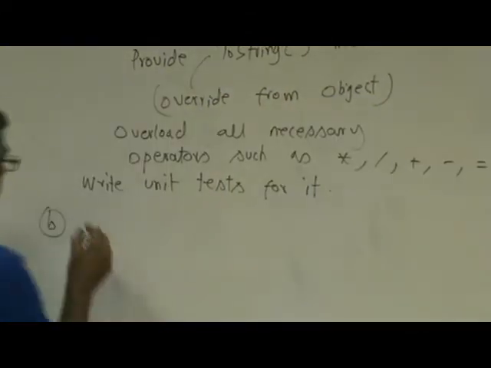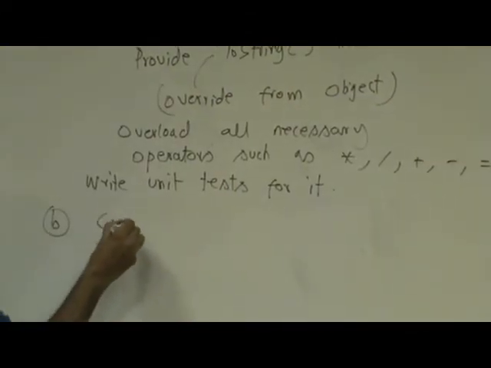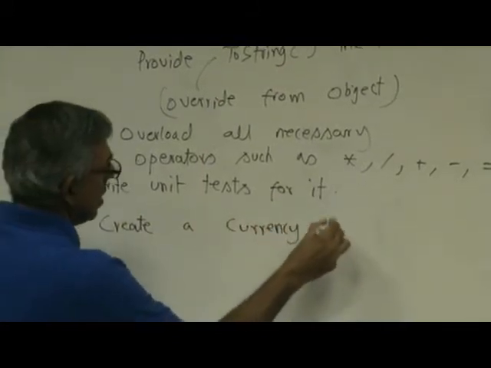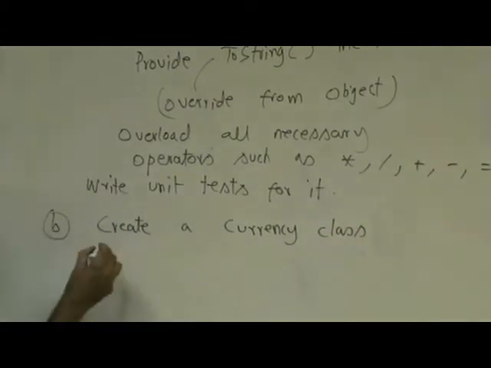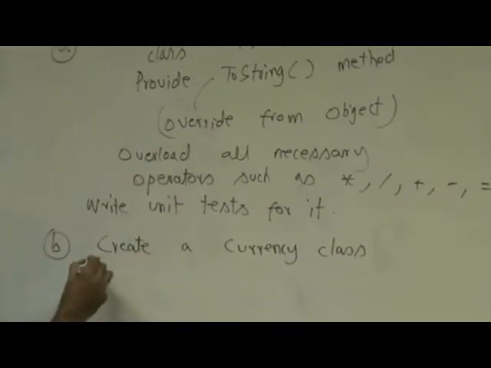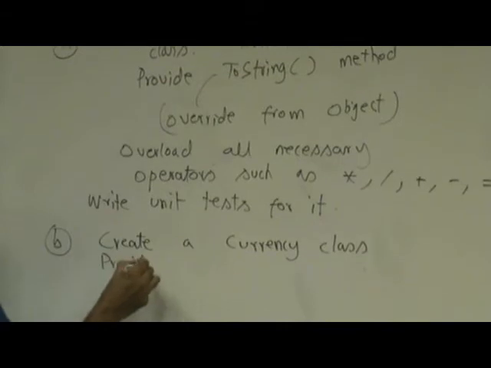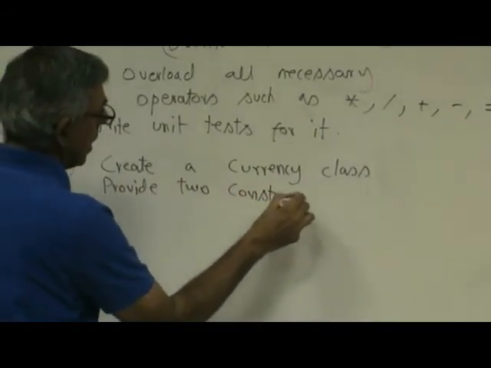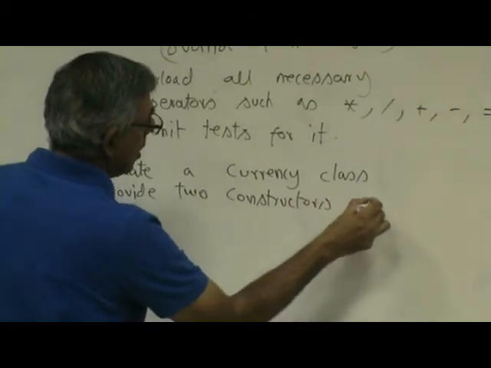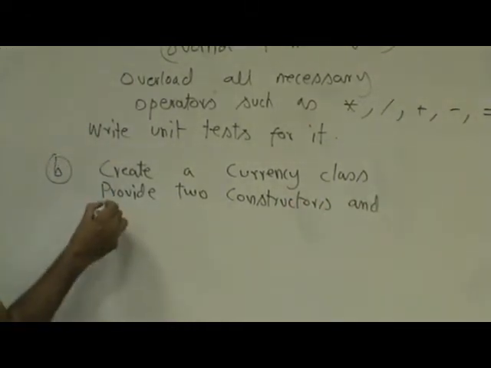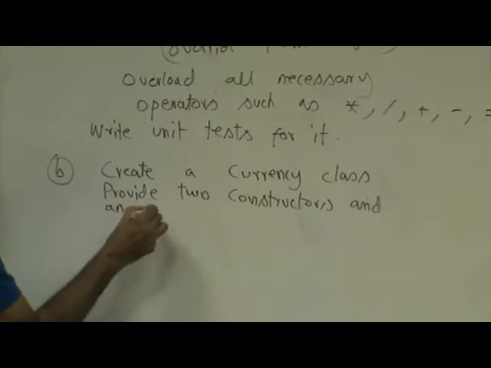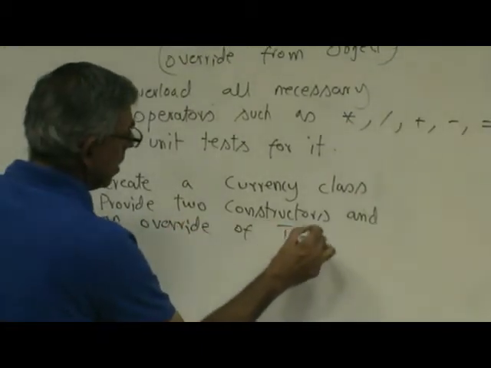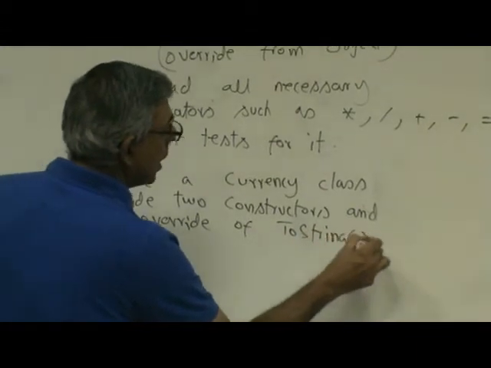Let me also give you part B over here, and I'll give you a quick explanation. Okay. Part B is create a Currency class. And again, same thing, provide 2 constructors and an override of the ToString method.